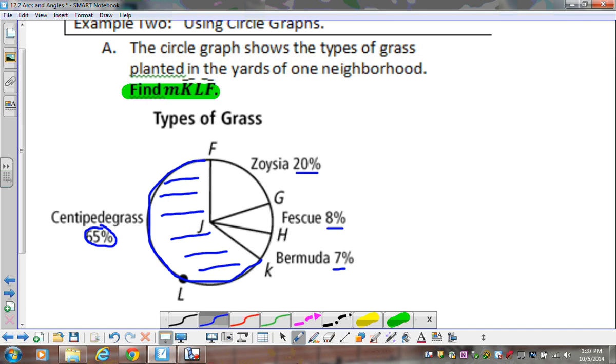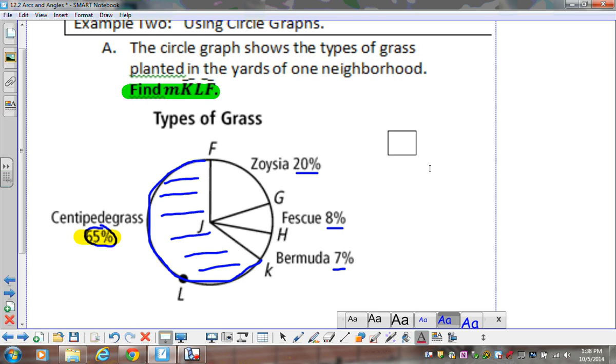But now what I need to do is convert those percentages to angle measures or arc measures. That's the only way I'm going to be able to find the measure of arc KLF. So what did we say earlier that the degree measure of our entire circle was? Very good, 360 degrees. So I want 65% of 360 degrees, that means I'm going to be multiplying.